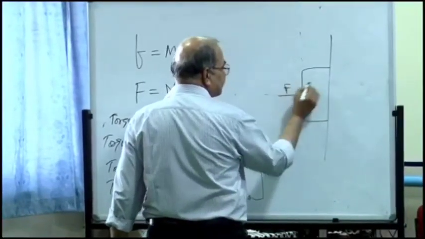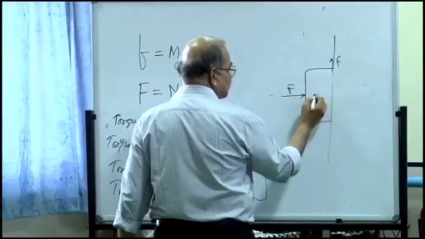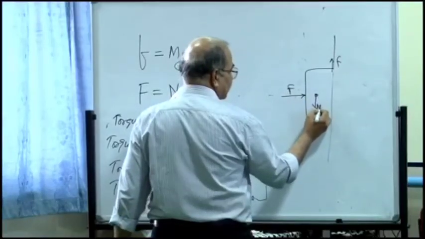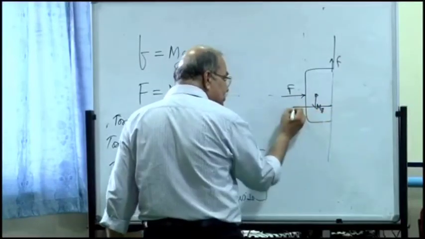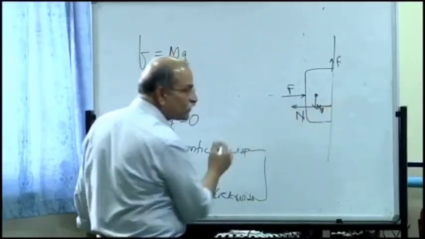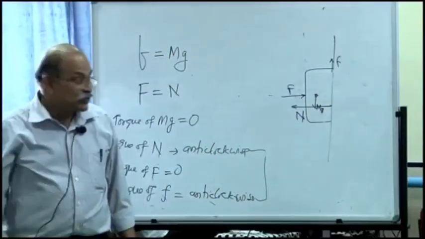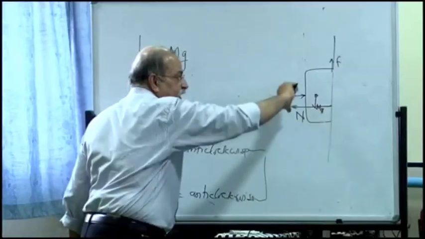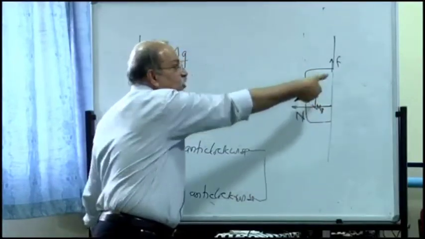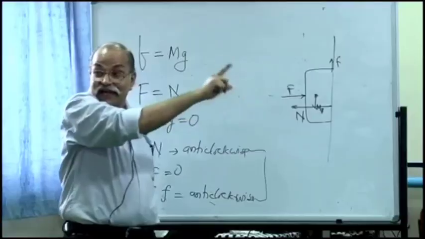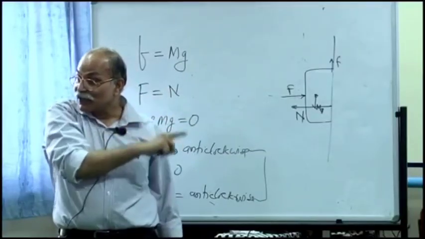I am pushing it here, friction is here, mg is here, and the normal force must be like this. It shifts down, so that now the torque of this N is clockwise and torque of this friction is anti-clockwise, and they balance each other, and the total torque is 0.